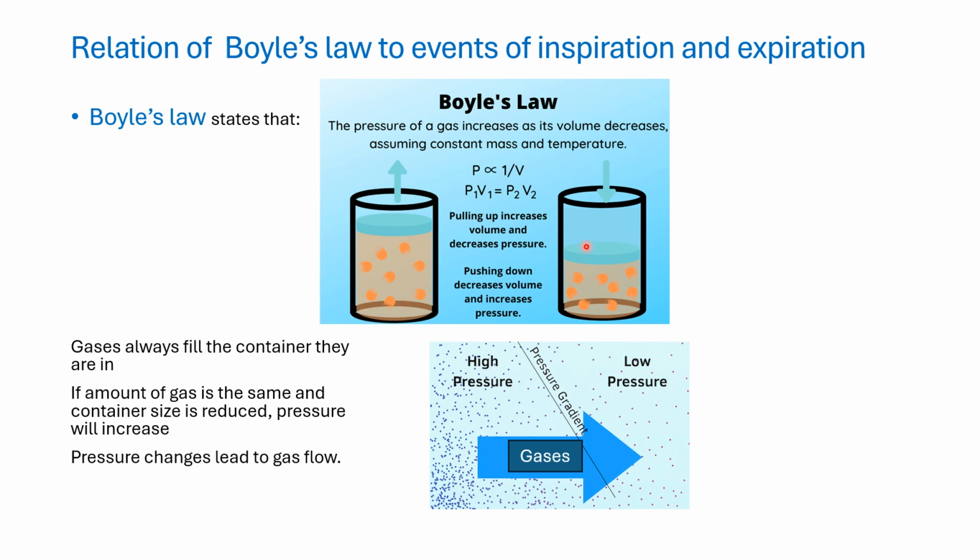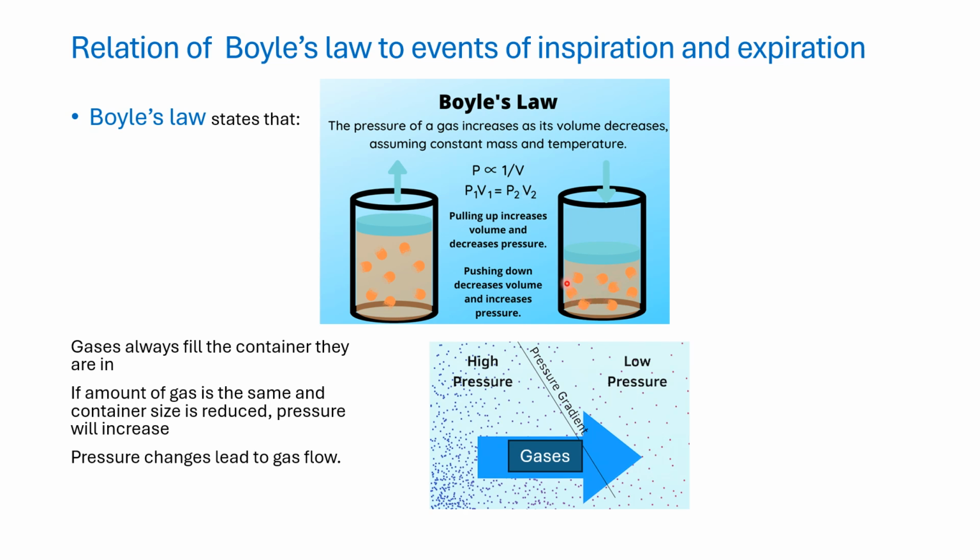And when the volume is decreased, now the pressure has increased. As you can see, when we have moved this lid down, the pressure has increased as the volume has decreased. So pressure is inversely proportional to the volume.